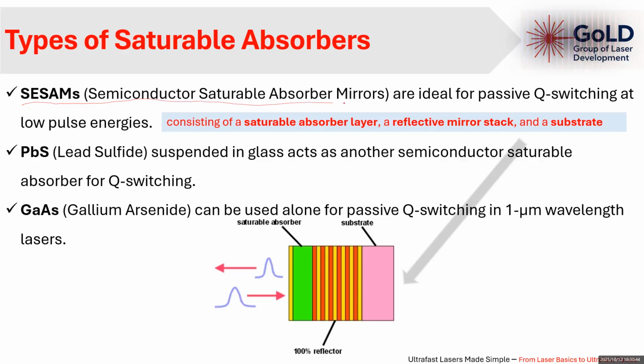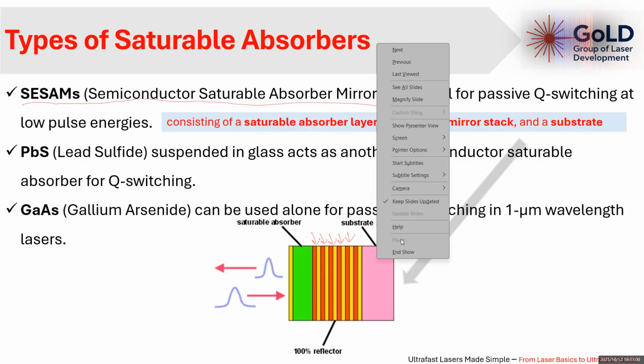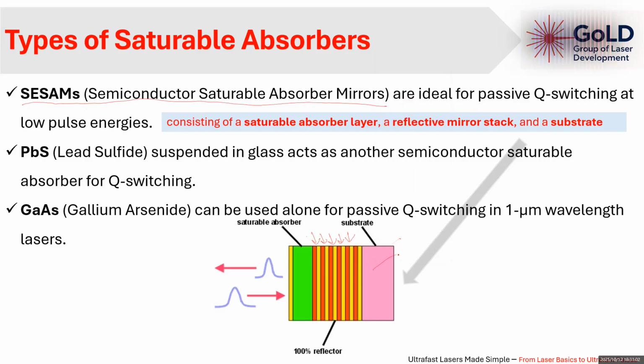With the mirror, you can see the arrangement of this saturable absorber is attached to the mirror. This is mostly used like this. This is the substrate, and these are the layers, reflectors, and here you see the saturable absorber.